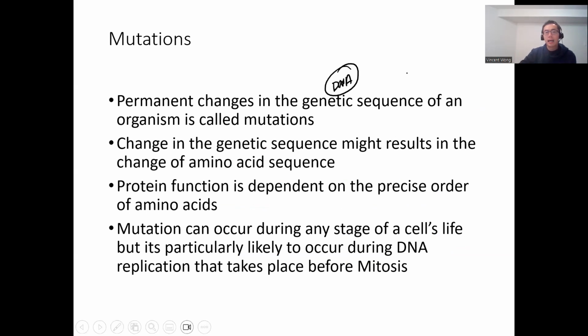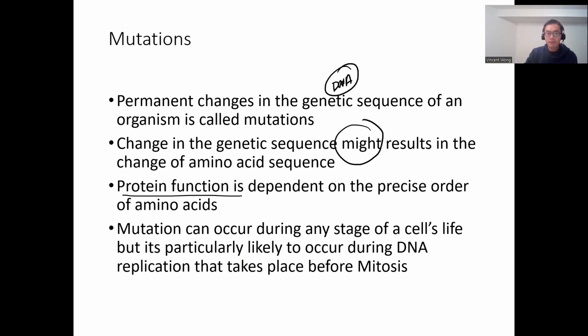Okay. And if you change the genetic sequence, you might change the amino acid sequence as well, but that is not guaranteed. And I'll show you examples of where you can change the genetic code without affecting the amino acid sequence.